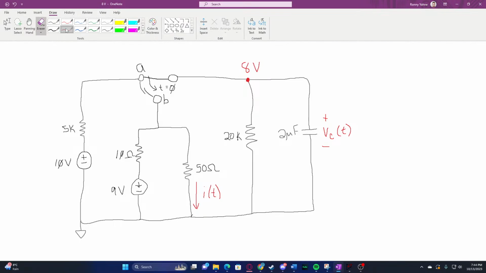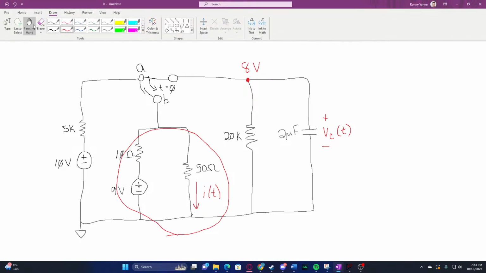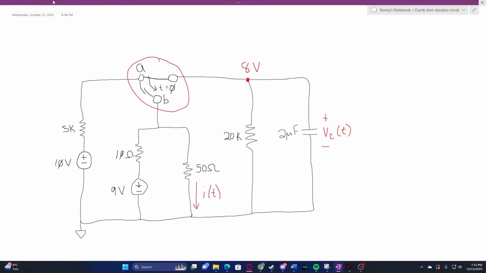So then, next would be something I pointed out earlier, was that this section of the circuit is still a complete circuit right there. There is current flowing through there, even though it's not connected to this part of the circuit through that, because of that switch there.